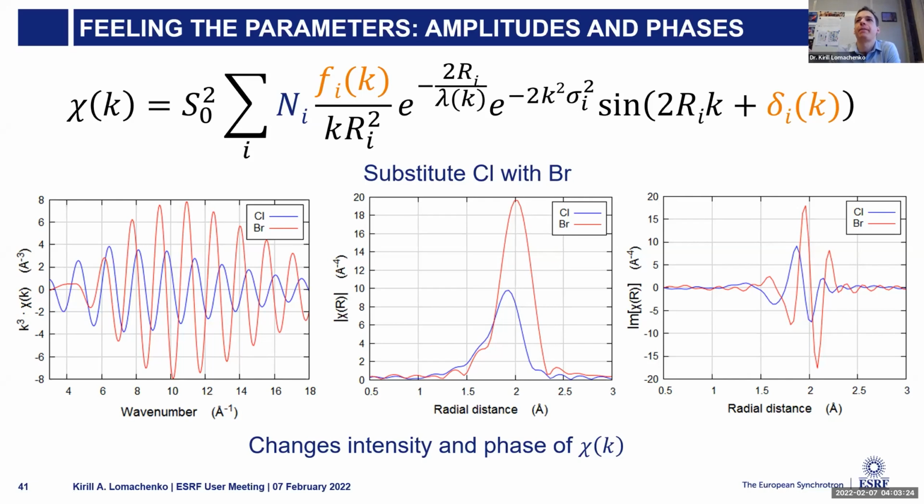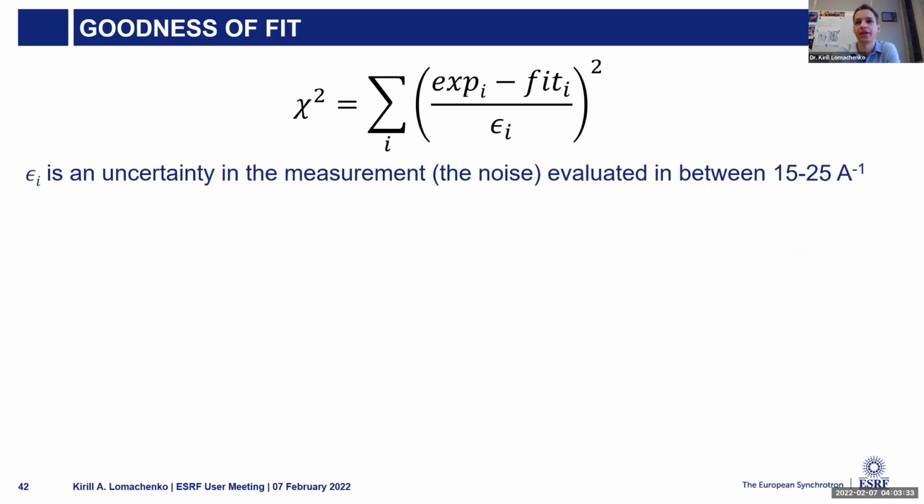So to do the fitting, we also have to introduce something that tells us whether our fit is good or not. This goodness of fit is called, in EXAFS, chi-squared. It's represented by this formula where epsilon is the uncertainty of the measurement, which is evaluated automatically, usually by the code.